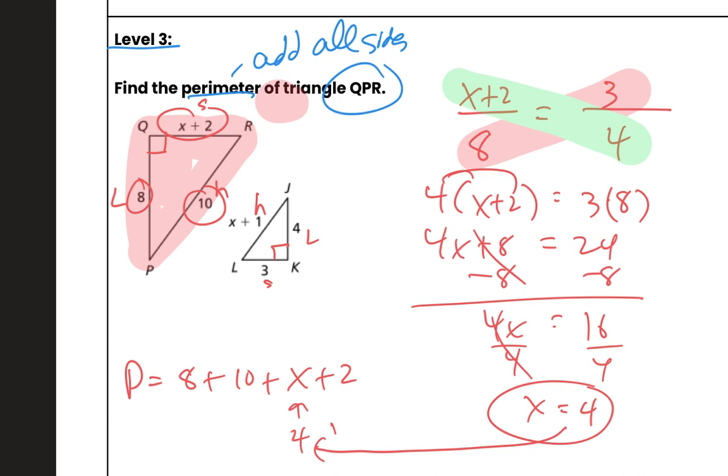So 4 plus 2 plus 10 plus 8, right? So that's going to equal 8 plus 10 is 18 plus the 4 is 22 plus the 2 gives you 24. So the perimeter is equal to 24. All right, let's keep it moving.